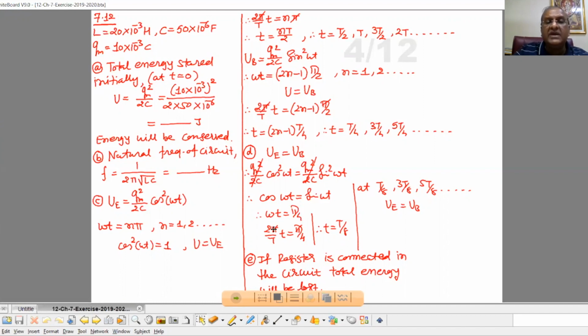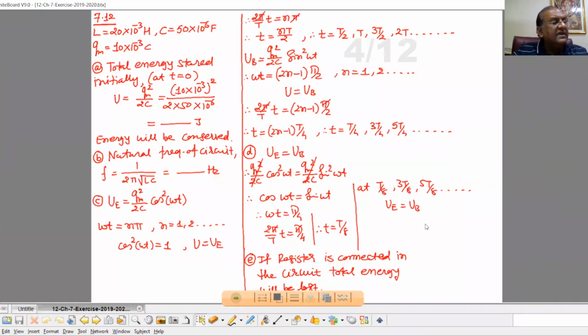Again substitute omega, that is 2 pi by T. So pi cancel. Therefore, small t, that is equal to T by 8. It implies that here at T by 8, 3T by 8, 5T by 8, at this time, your electric energy, that will be equal to magnetic energy.